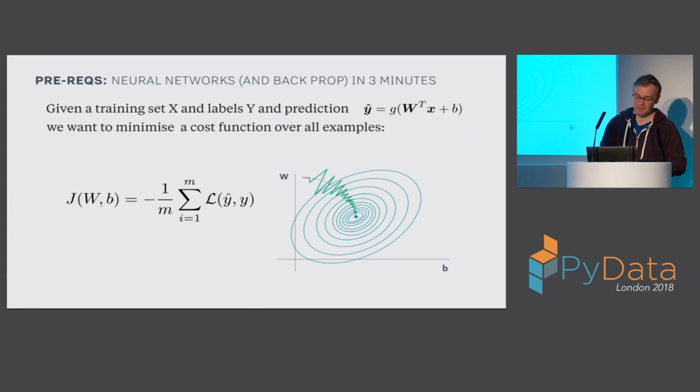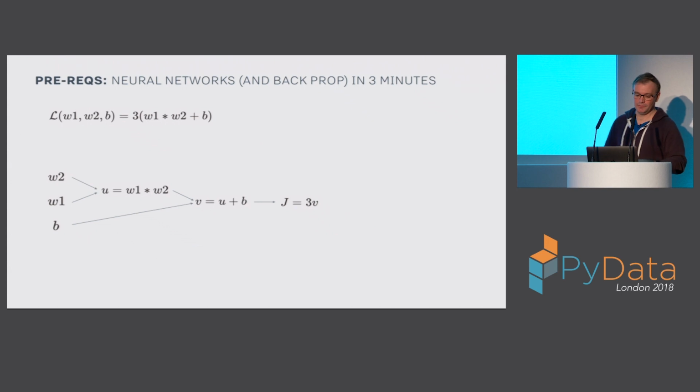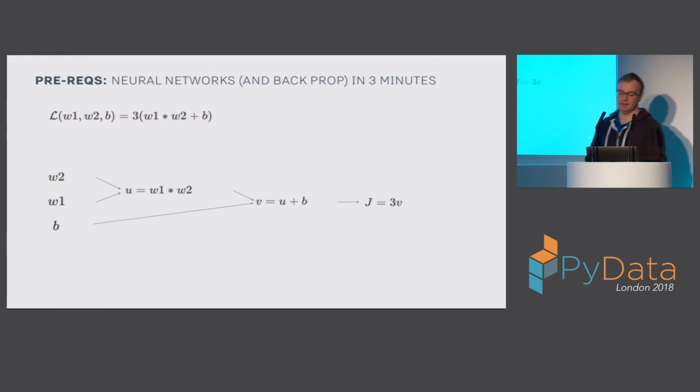Something that I've found useful in the past, too, is to think about what you're doing. Imagine that the function that you're trying to solve is just explicit. And in most frameworks, that explicit function ends up being a computation graph, and that's just a very simple computation graph. You have, in this case, W1 times W2 plus B. And you can imagine how that computation graph ends up acquiring some values that you propagate forward.